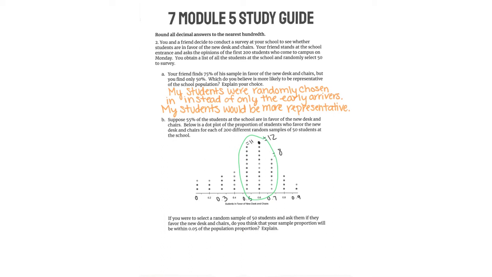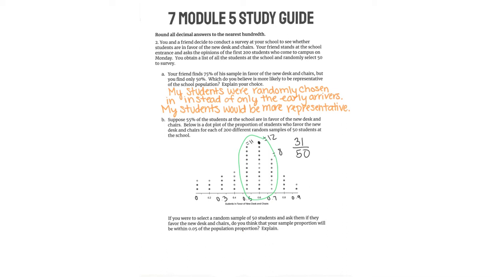So if we add all these up, 11 plus 12, which is going to give us 23, plus 8, which is going to give us 31. That means 31 out of 50 of our samples are going to be between 5/10 and 7/10. Okay, so there is more than half of these samples between 5/10 and 7/10.